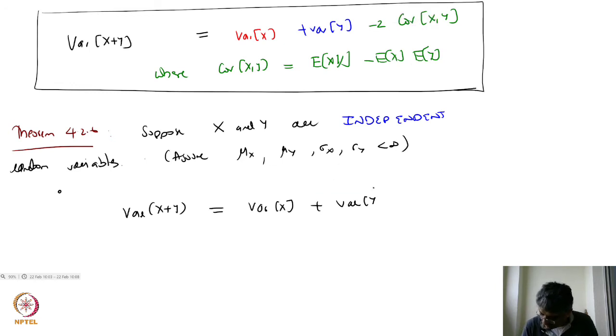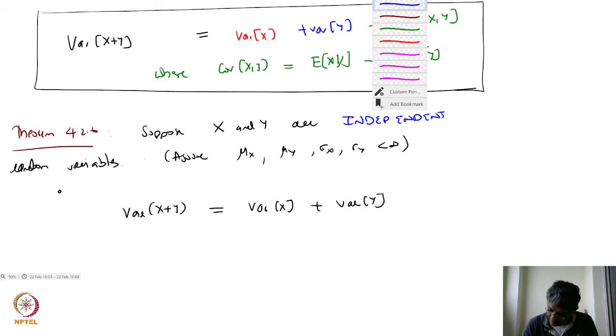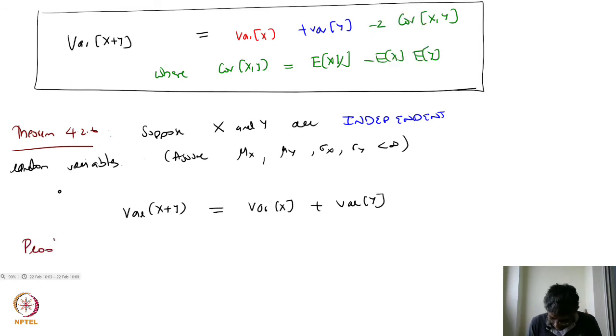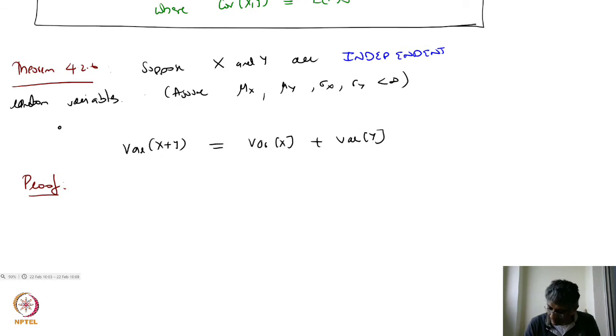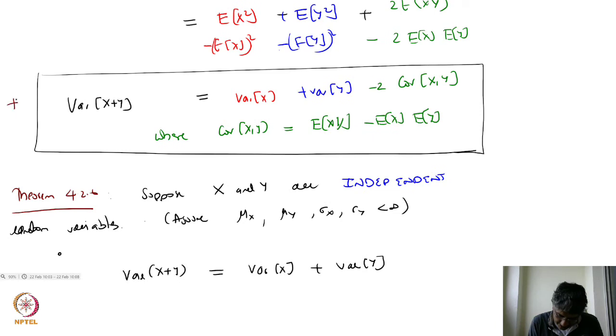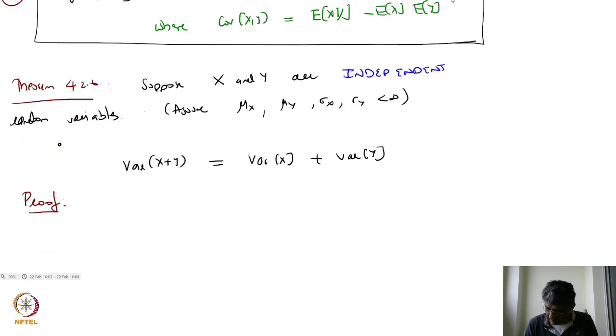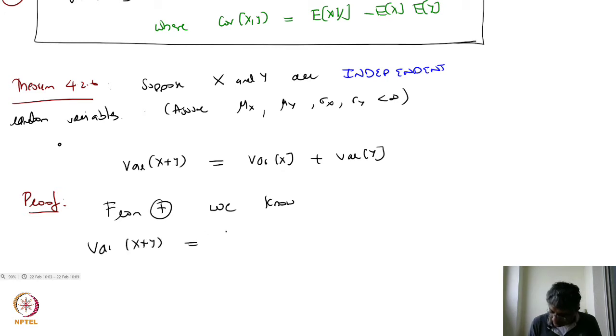Let's try and prove it. The proof is just trivial, but let's try and prove it. So we know, let's call this dagger, or star, or plus. So from plus, we know variance of X plus Y is equal to variance of X plus variance of Y plus twice, or minus, or no, why is it minus?